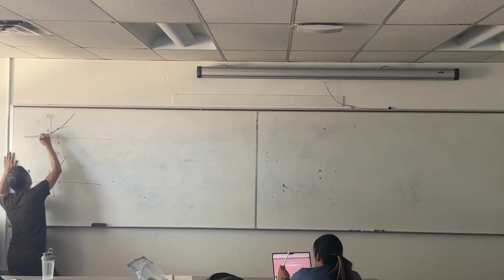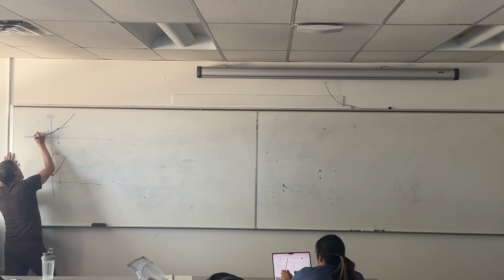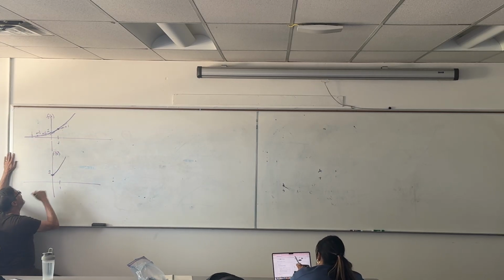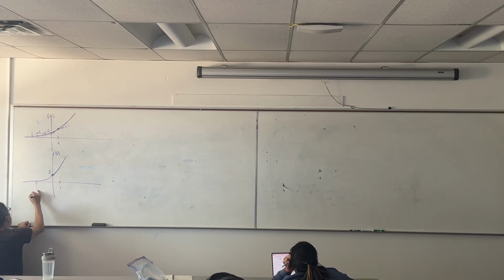So let me put some estimates up here. Right here, the slope would be approximately, let's say, a half. And then right here, the slope would be a quarter, and then an eighth, something like that. So as I move this way, the tangent slope is positive, but it gets closer to zero. So I'm going to make a little note here.